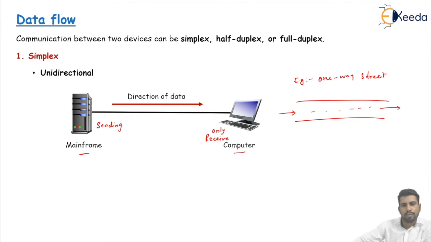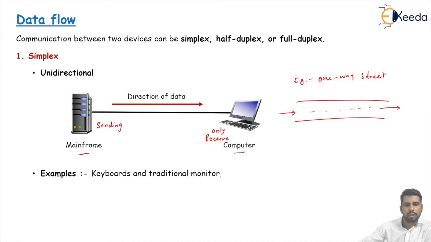The example of simplex communication, as you already see in your daily life, is the keyboard and the monitor. The keyboard can only introduce inputs. You give input to your keyboard for typing or for accessing some commands or for doing something on a software, and the monitor can only accept the output.